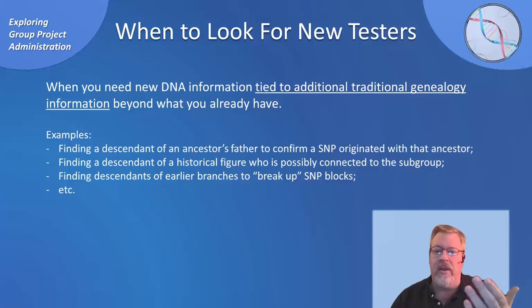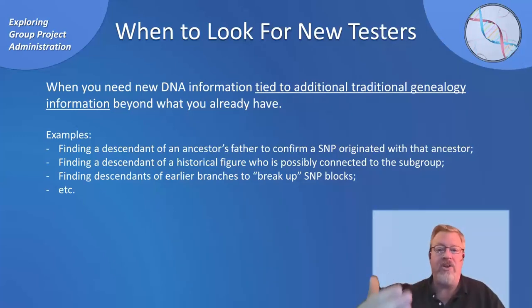Or there's some historical figure that you haven't fit into this subgroup, but everybody thinks they're related to them. You haven't found a descendant of them yet. Again, you're finding someone new to add both the genealogy information back to that historical figure, as well as their test results to tell you whether or not they're part of that subgroup, and so on. Or you're breaking up SNP blocks.